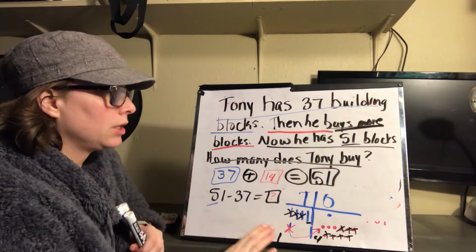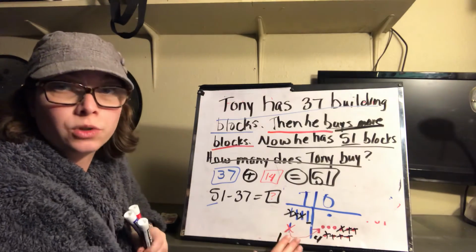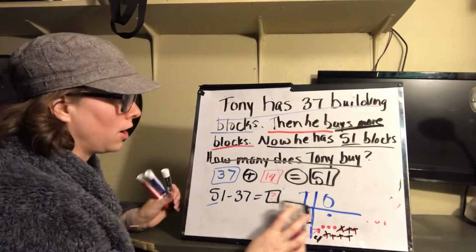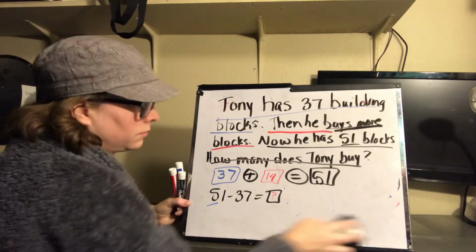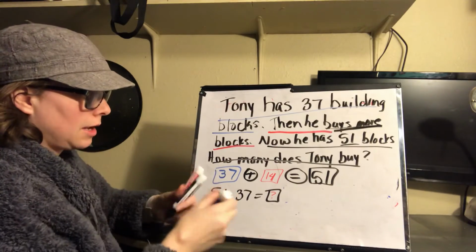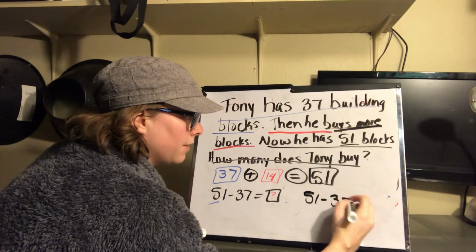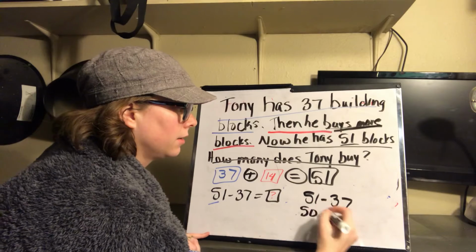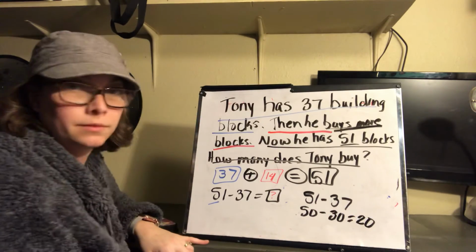Now, this is one way your child may try to solve. Your child may also, if they want to subtract, subtract like this. They may do 51 minus 37, and they may separate the tens and the ones, and they may say 50 minus 30 equals 20. Okay.